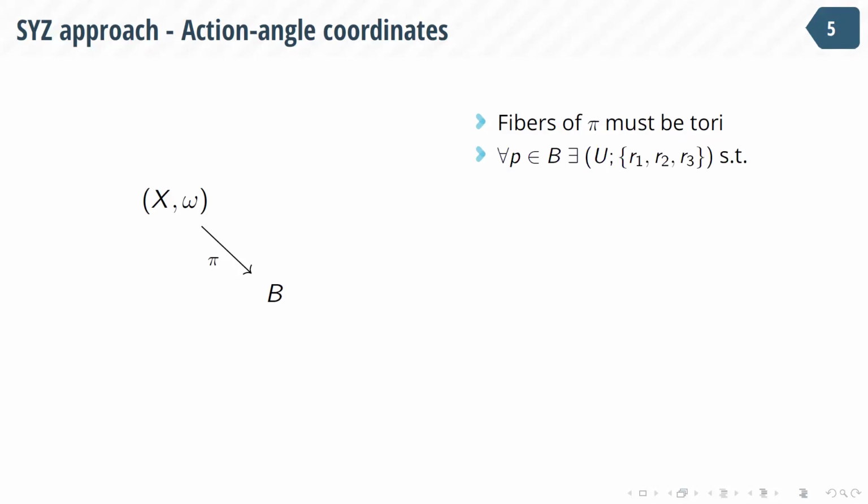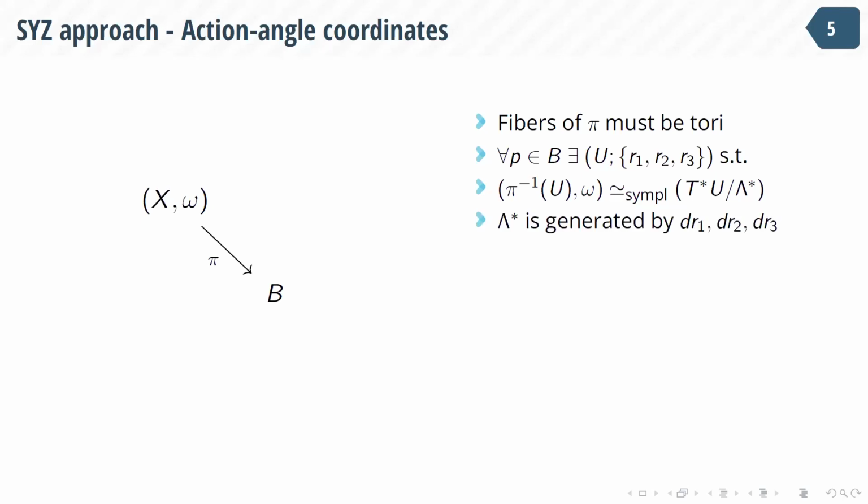So for every point in the base, there exists an open set and coordinates r1, r2, r3, called action coordinates, such that the preimage of this open set, with the restriction of the symplectic form, is symplectomorphic to the cotangent bundle modulo a lattice, where the symplectic structure is the canonical one of the cotangent bundle, and this lattice is generated by the differentials of the action coordinates.